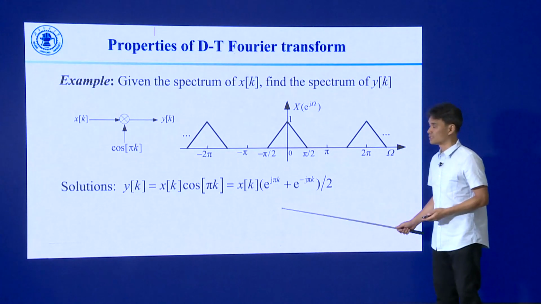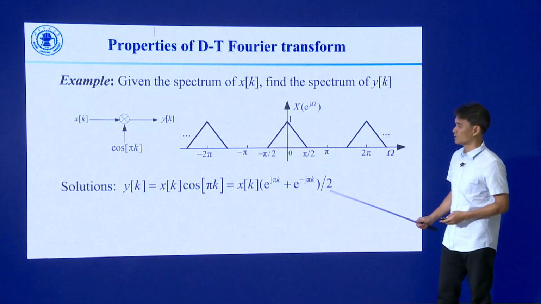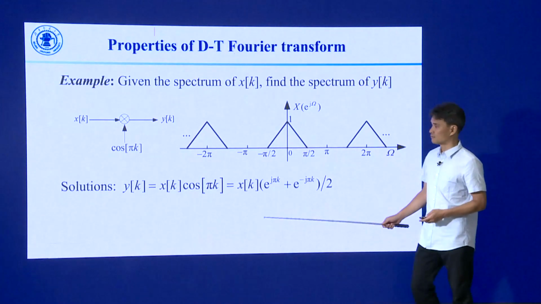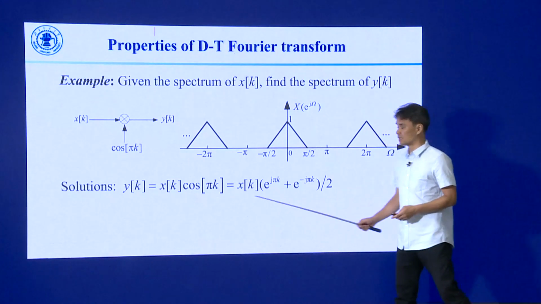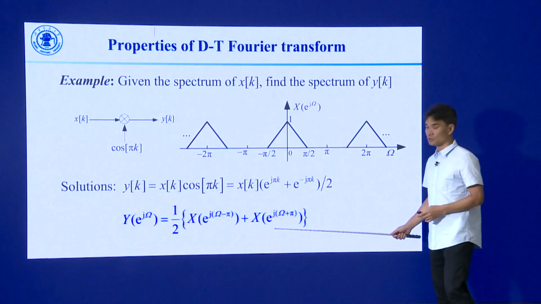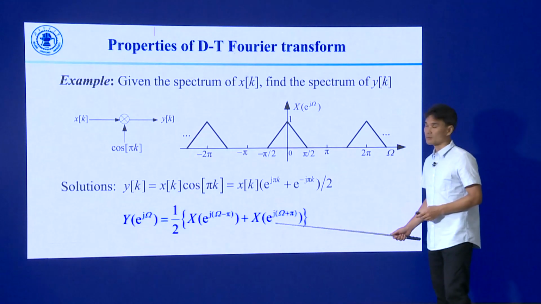So we understand the spectrum of y of k will be the frequency shift of the original signal x of k's spectrum. Or mathematically, it can be written in this format.